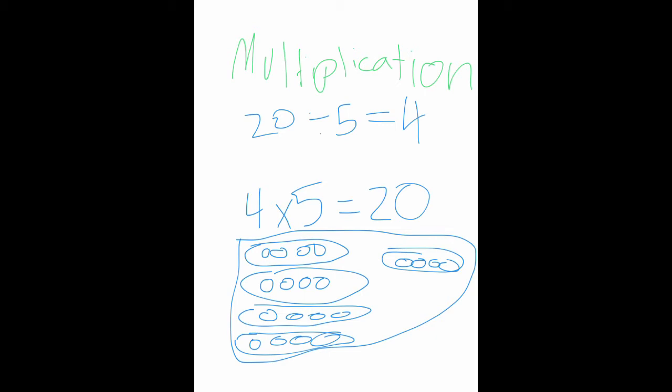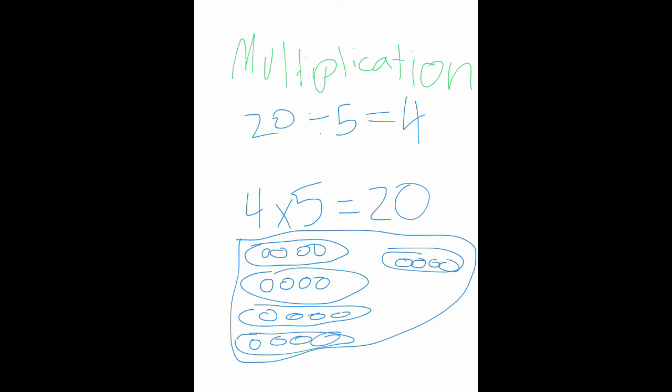So as you can see, multiplication is basically just the opposite of division. Division is where you take a bigger number, divide it into smaller groups, how many ever you want, and then you count how much is in them. Here it's different. You take one of the smaller groups, count how many are in there, write it down, and then you take 5 of those groups, smush them together, and then you get your answer.